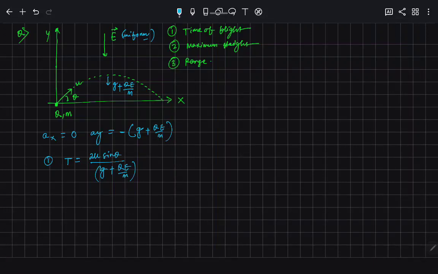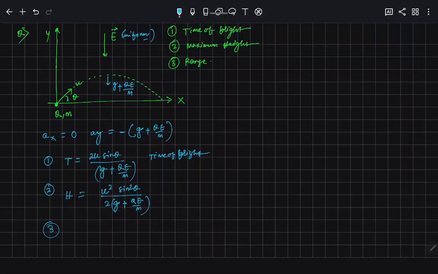Previously if this qE by m was not there, you would just write 2u sin theta by g. This is your time of flight. Clear? Now tell me the maximum height it will go. Directly I am using u square sin square theta divided by 2g, now g will be g plus qE by m.